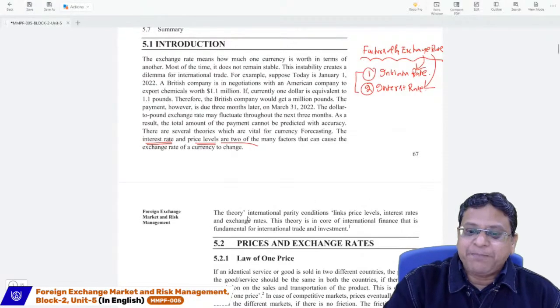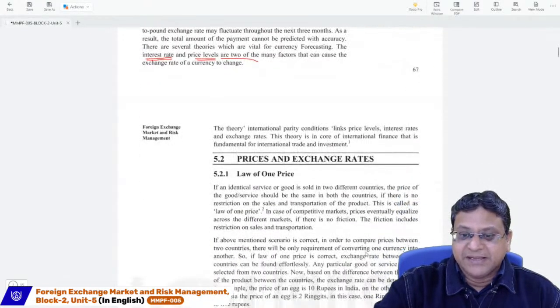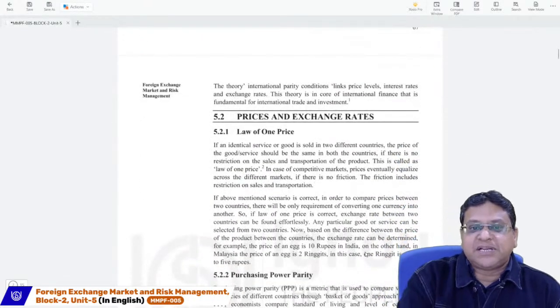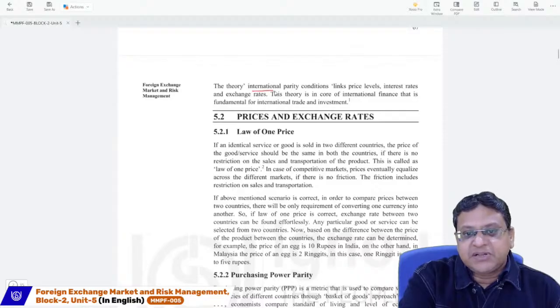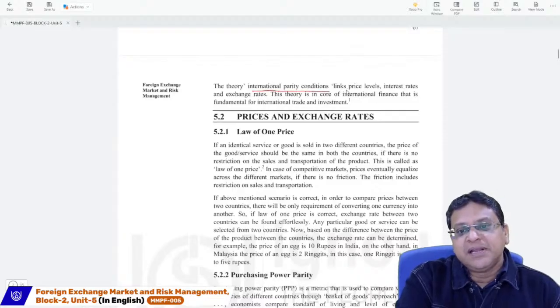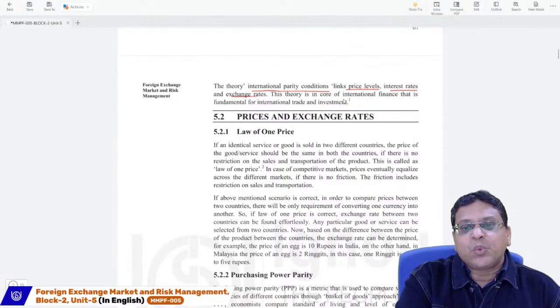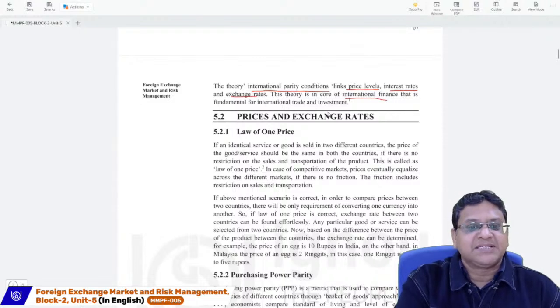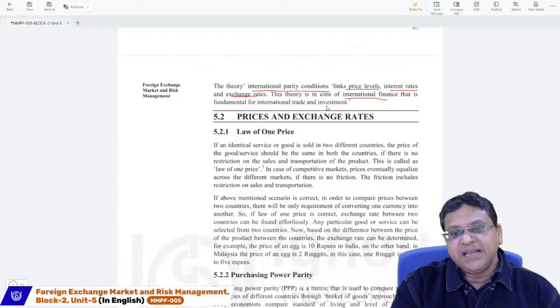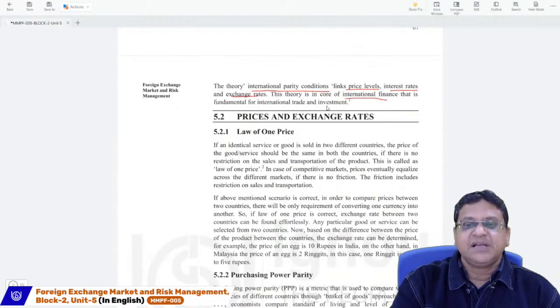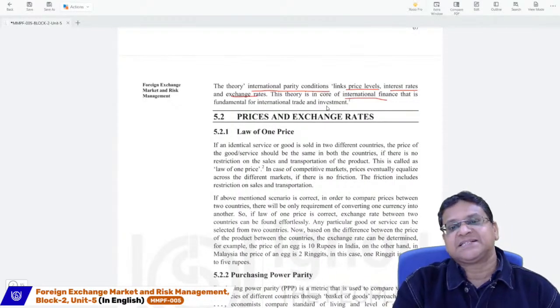What are the three things? International parity condition links price level changes, interest rate and exchange rate. This theory is the core of international finance. So international parity condition establishes a link between inflation rate, interest rate and exchange rate.